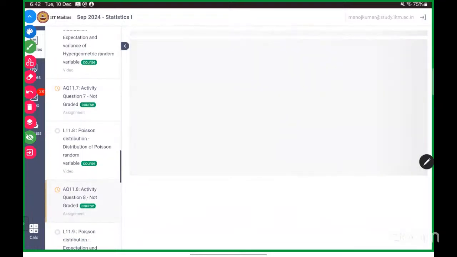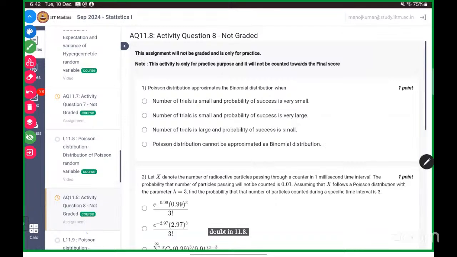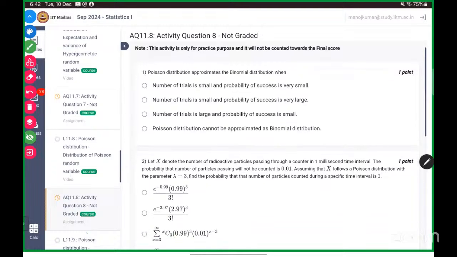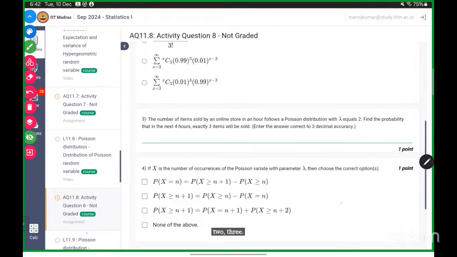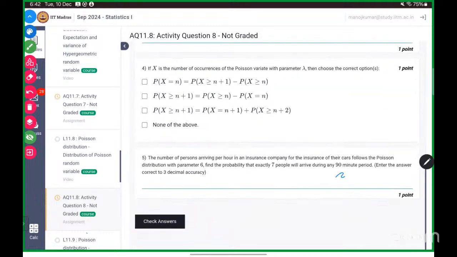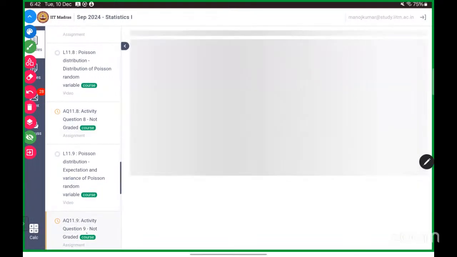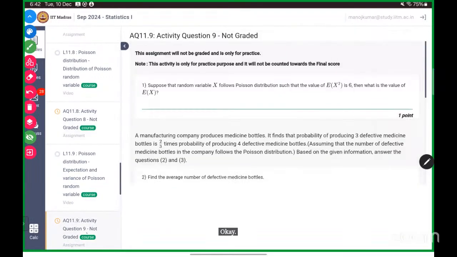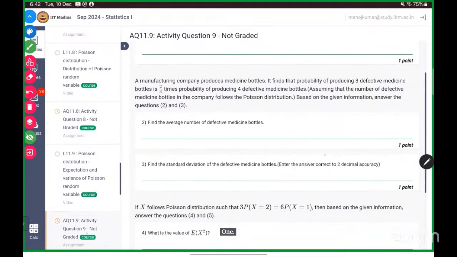Any doubt in 11.8? 1, 2, 3, 4, 5. Okay, 11.9? 1, 2, 3.